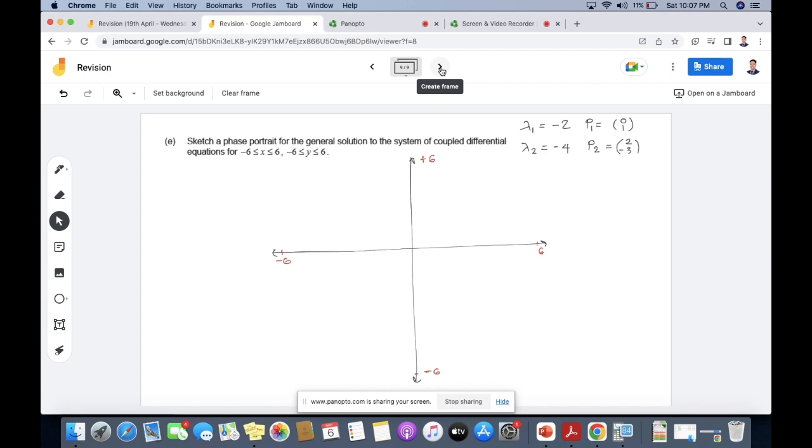So first and foremost, we have to draw the vectors. Let's draw the first vector, (0, 1). If you try to get (0, 1), that means we don't have a movement along the x, and the y is 1.